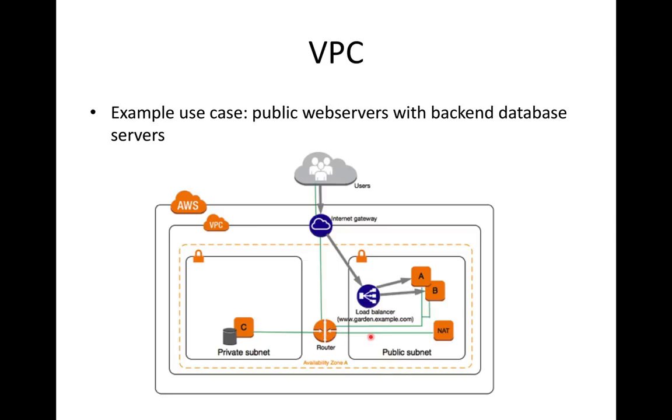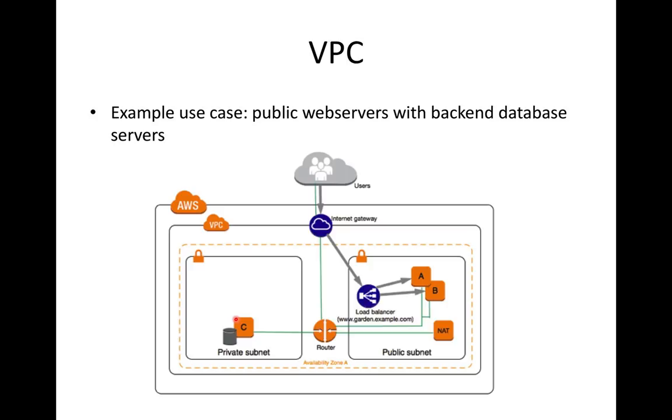You can see how these EC2 instances, we have several of them that live in a public subnet, and those instances are behind an elastic load balancer. And then we see other instances, in this case database instances, that are in a private subnet.